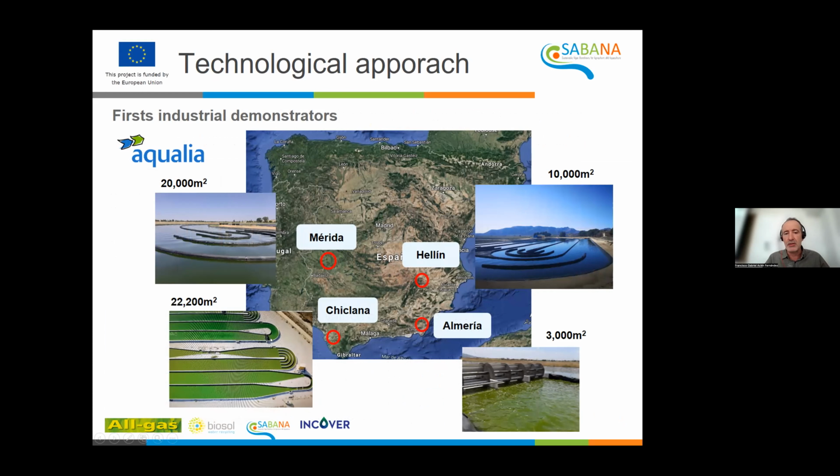Previous experiences were also related with the use of microalgae for wastewater treatment, installed in Chiclana and also here in Almeria. But I want to remark that these facilities are currently only devoted to wastewater treatment. I mean, there are no other options to treat the wastewater in these towns, especially in Egin.